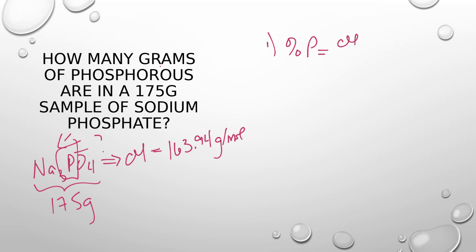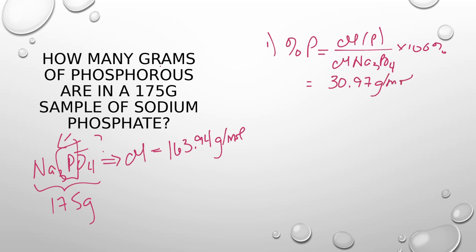So we're going to take the molar mass of phosphorus, and we're going to divide by that molar mass of sodium phosphate and times it by 100%. So phosphorus weighs 30.97 grams per mole. There's only 1 atom of it, so I don't need to alter that value.